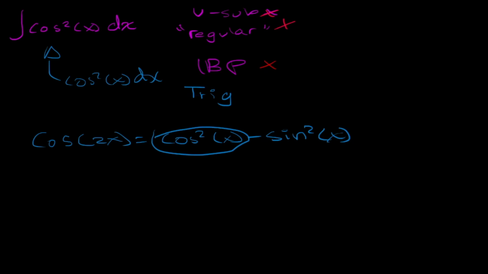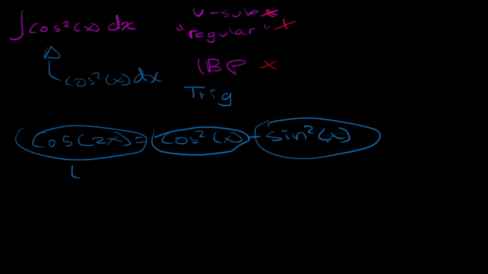But particularly what seems appealing to me is that there isn't a square term over here. It seems like I can use regular integration in order to solve this problem. But I still have a problem of dealing with sine squared x.